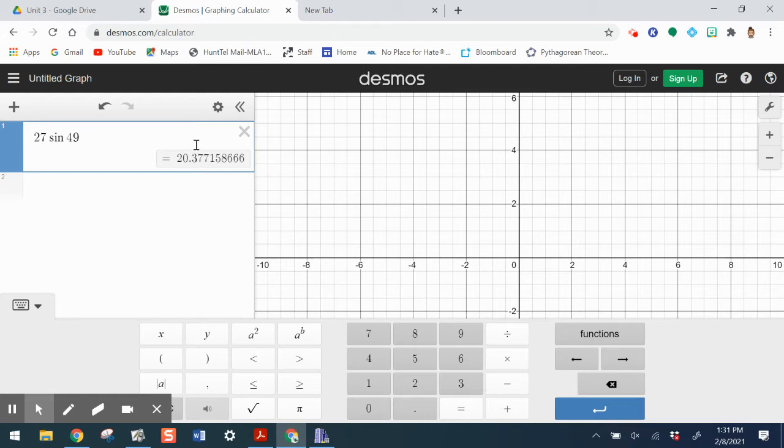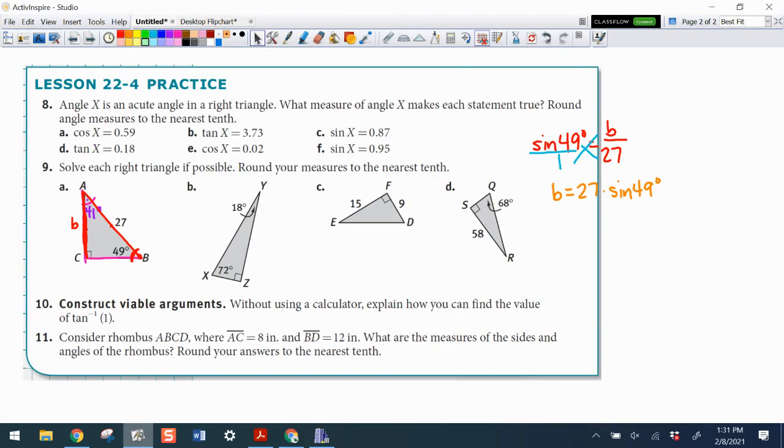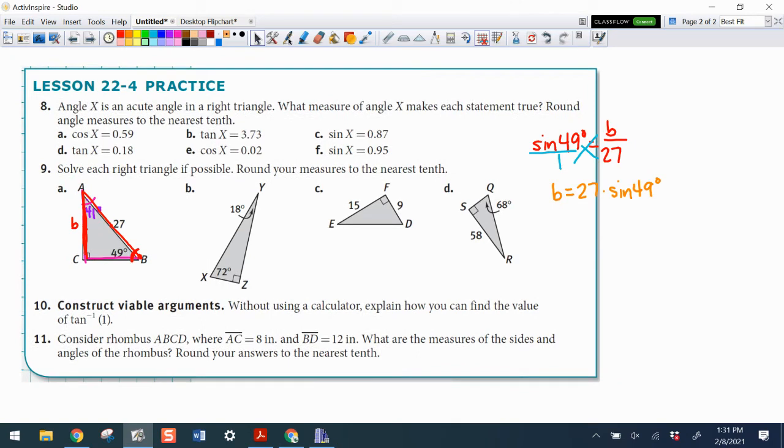And there's the answer as well, 20.37, which again, the 7 rounds the 3 up to a 4. So b is approximately 20.4. So the length of this side AC is 20.4.